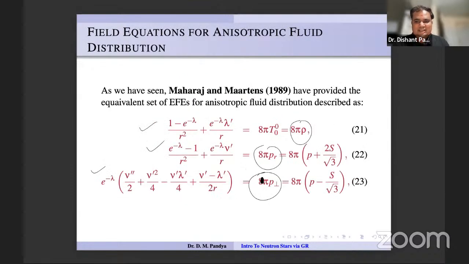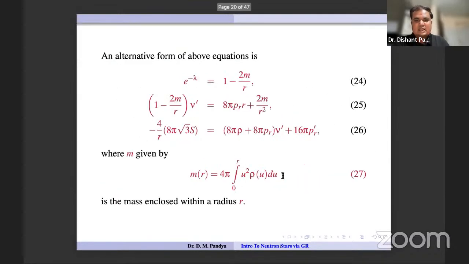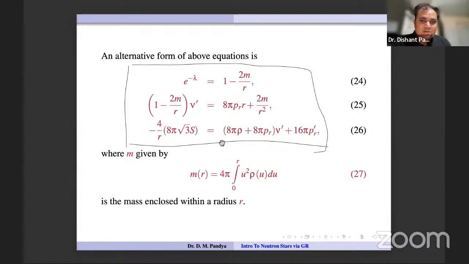Once again, these 21, 22 and 23 have relevant equivalent expressions 24, 25 and 26. Now you can see that these are the expressions which you can equivalently use while establishing our anisotropic relations. E to the power minus lambda is given by 1 minus 2m by r.